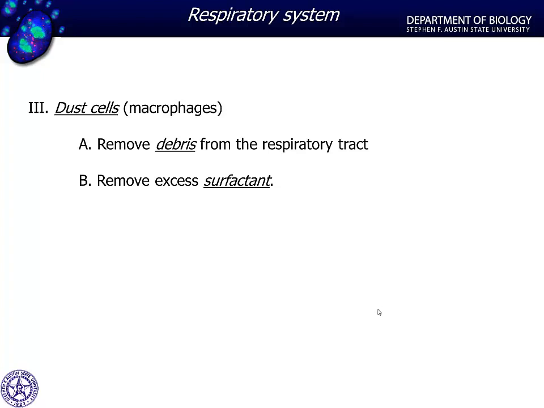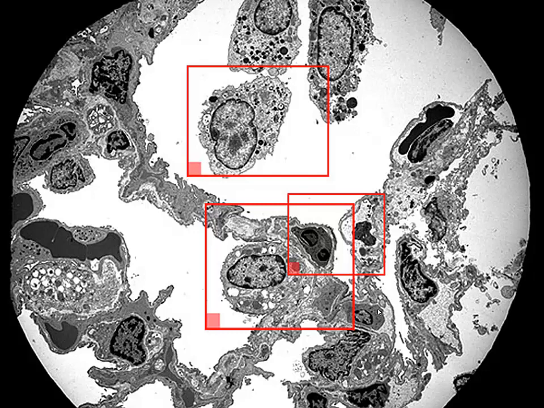Now, the other cell type we have is our resident macrophages. We call them dust cells. They remove debris, they remove excess surfactant, any material that gets down into the alveolar spaces. These dust cells are going to absolutely gobble them up. And here in this combined transmission electron micrograph, we can see our red blood cells in capillaries.